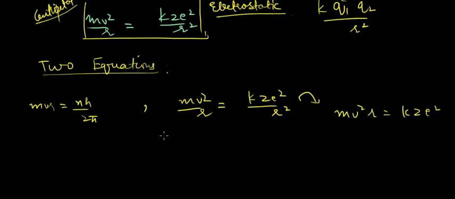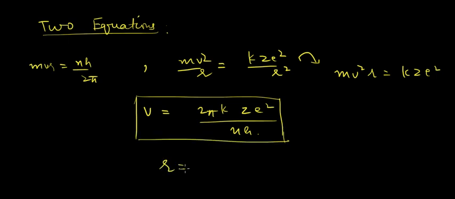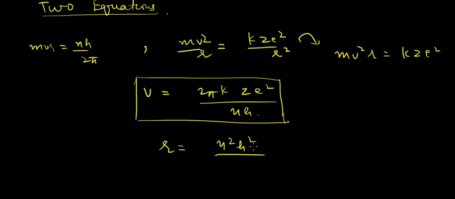From both equations we get velocity as 2 pi k z e square upon nh, and r as n square h square upon 4 pi square m k z e square.